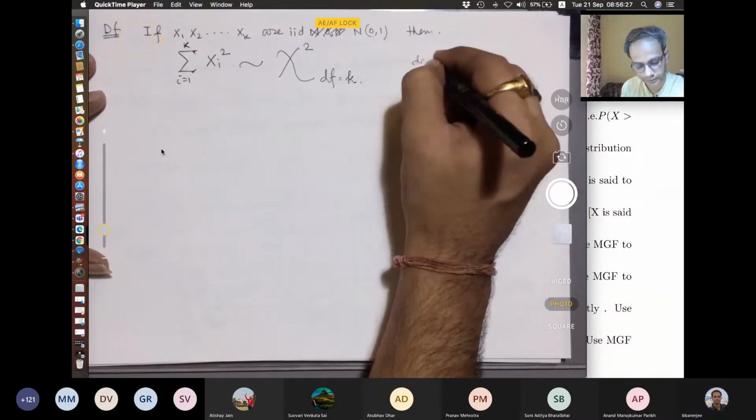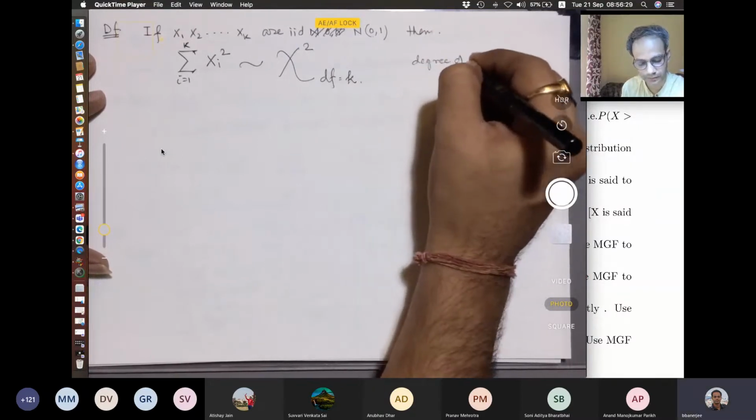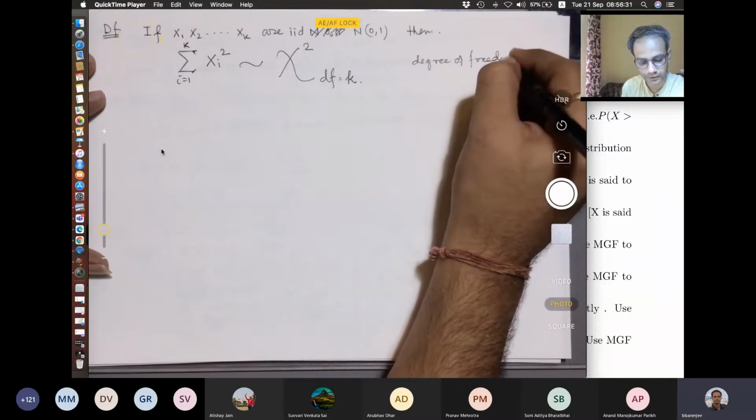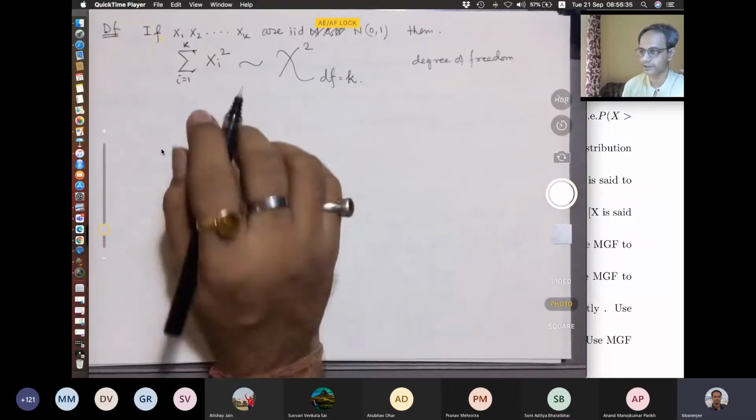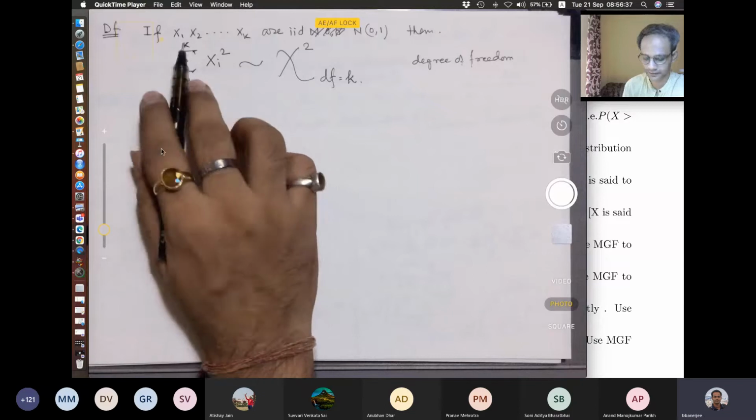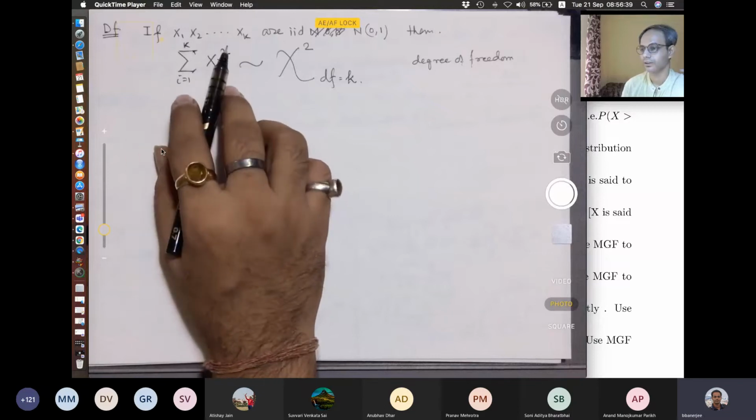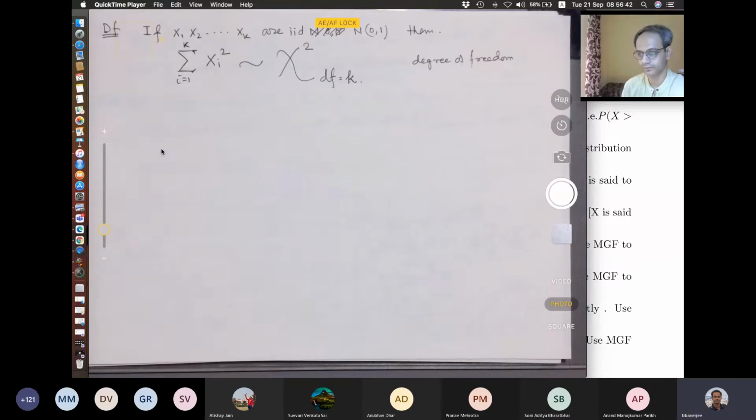So degree of freedom means as many free variables as there are. If you want to know more details, then you have to come to my regression course.